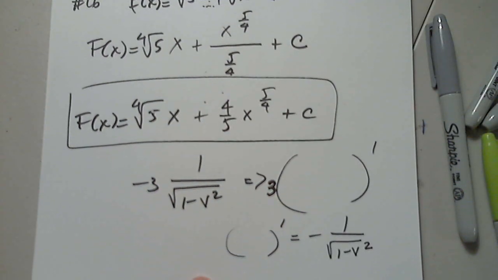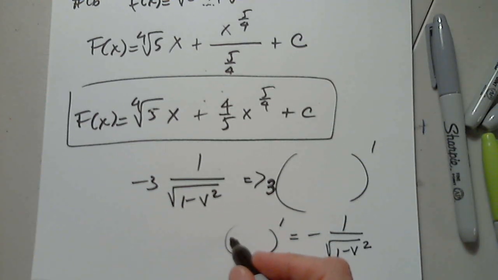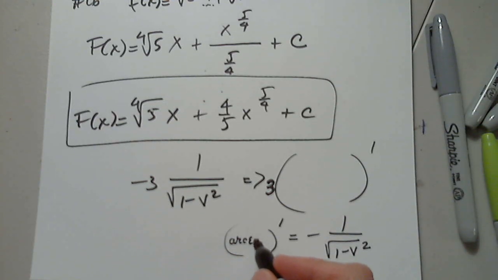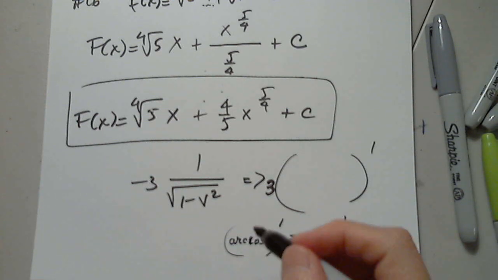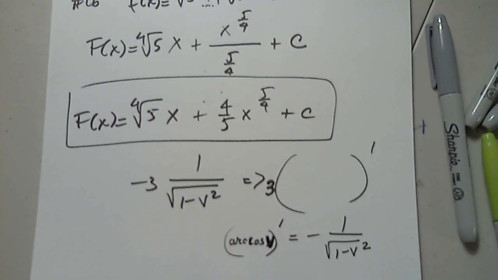There is only one function. Wouldn't it just be the square root? Arc cosine x. Oh, that's not what I was saying. Arc cosine x prime is -1 over the square root of 1 minus v squared. Oh, of course, v, not x. Arc cosine v prime is -1 over the square root of 1 minus v squared.